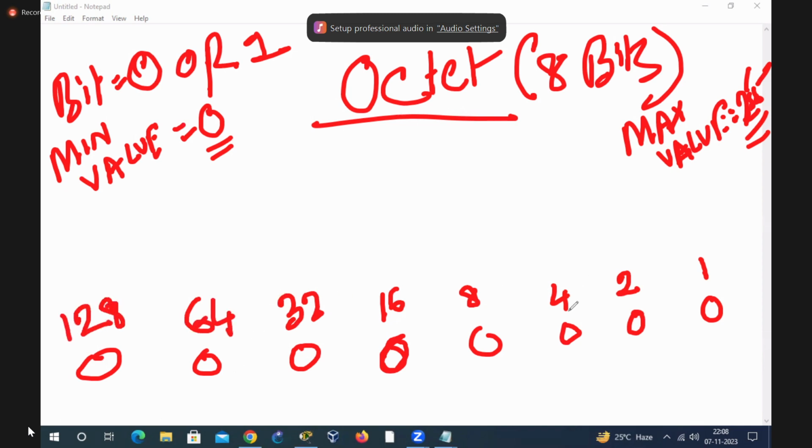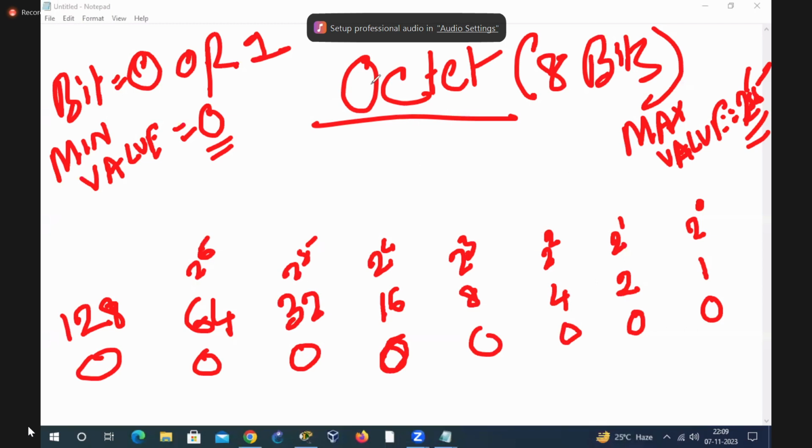All these come from powers of 2: 2 raised to 0, 2 raised to 1, 2 raised to 2, 2 raised to 3, 2 raised to 4, 2 raised to 5, 2 raised to 6, and 2 raised to 7.